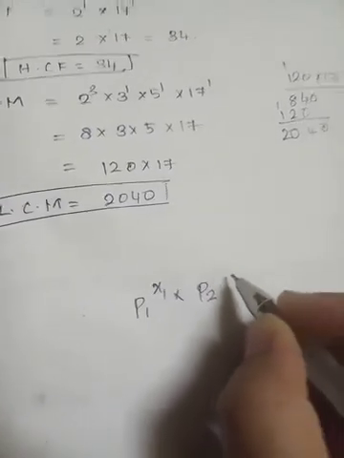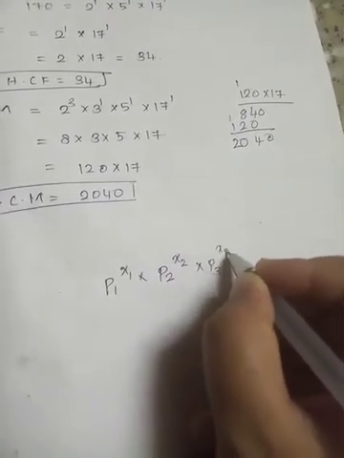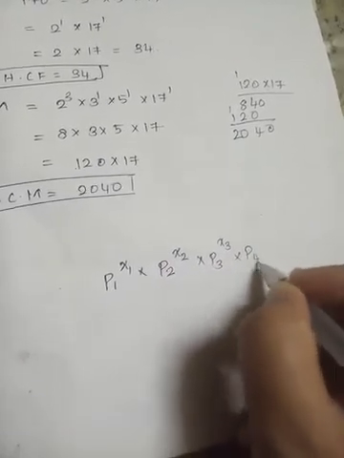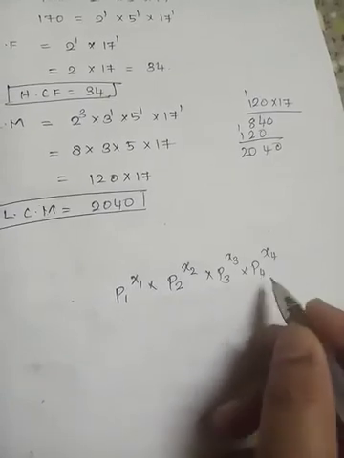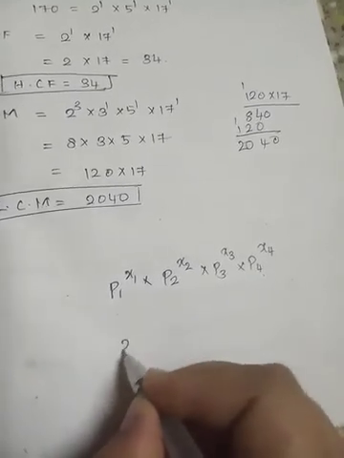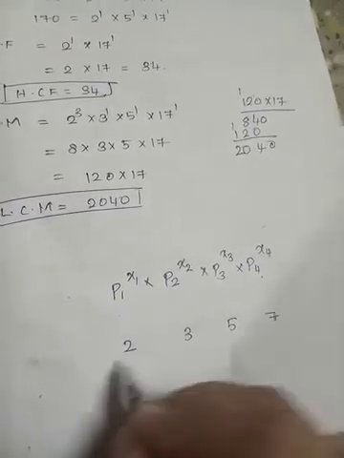See here, p1 power x1, p2 power x2 into p3 power x3 into p4 power x4. Okay, p1, p2, p3, p4 is in ascending order, so 2, 3, 5, 7, so these are the prime numbers.